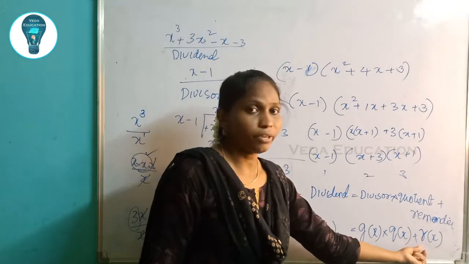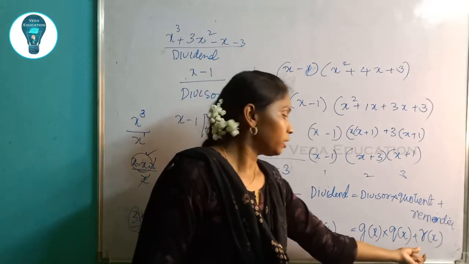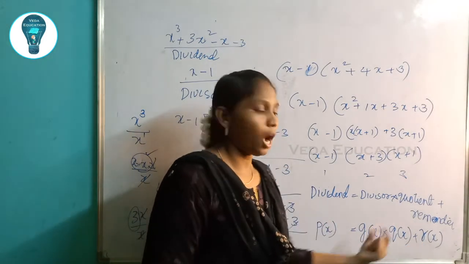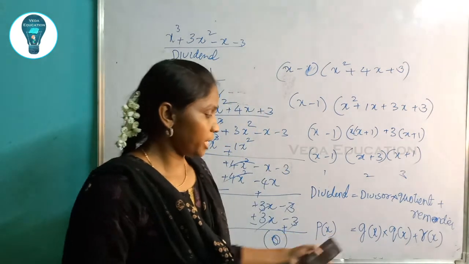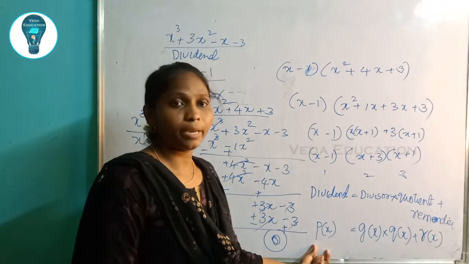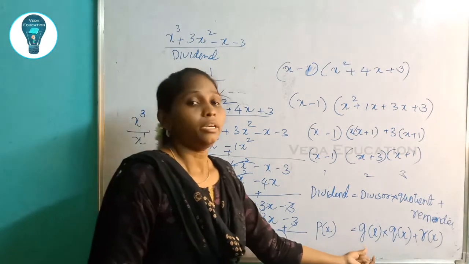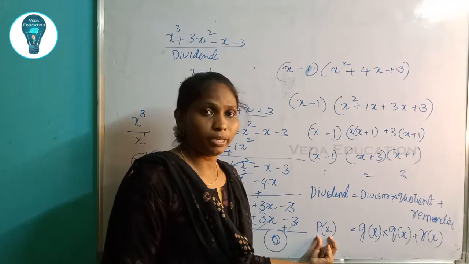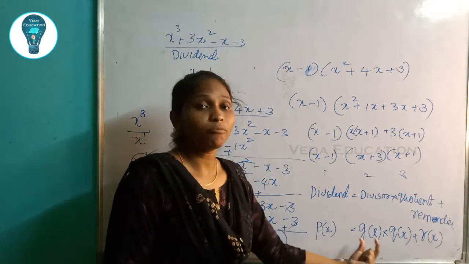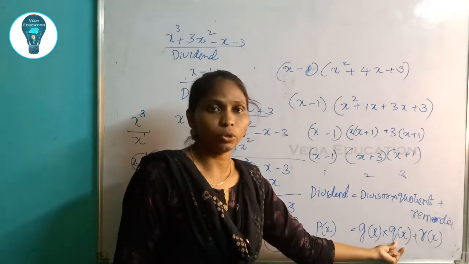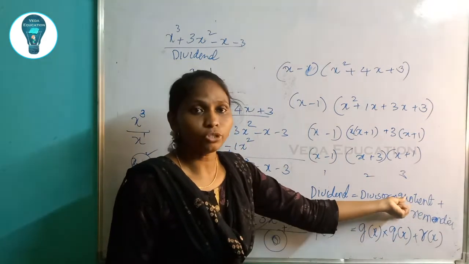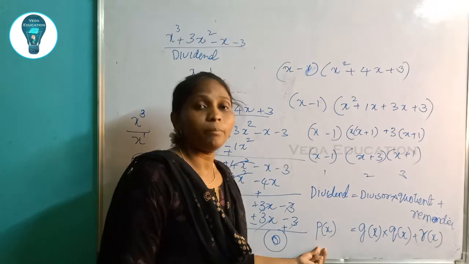Okay. r of x, how should it be? It should be 0 or less than g of x. And when you are writing p of x, the degree of the dividend polynomial, how should it be? It should be 1 plus the degree of the quotient.